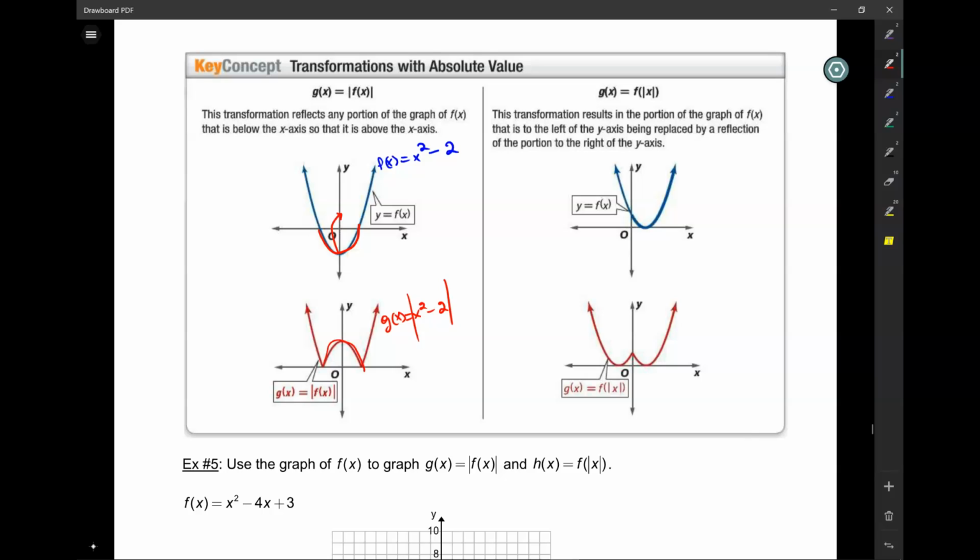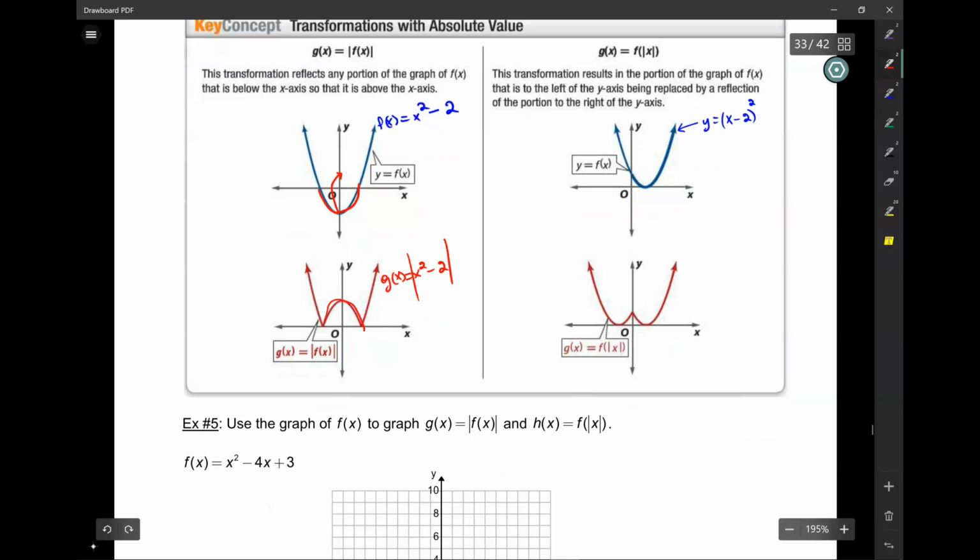Okay. So now, what if, let's say this is y equals x minus 2 squared, right? Now, what if I were to graph the absolute value of x minus 2 squared?